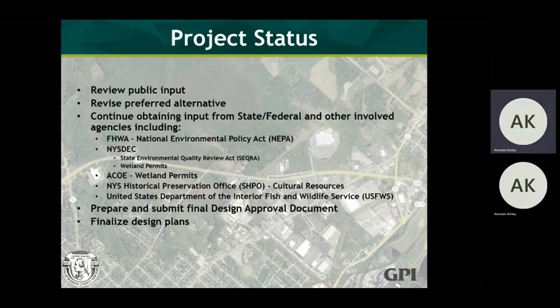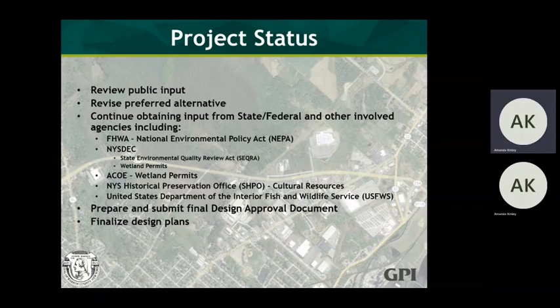The status of the project is that we will review the public input that we received from this presentation on this project and revise the preferred alternative as needed. We'll continue to obtain input from state and federal agencies and other involved agencies such as FHWA to provide NEPA concurrence and look at wetland permits from New York State DEC and Army Corps of Engineers.